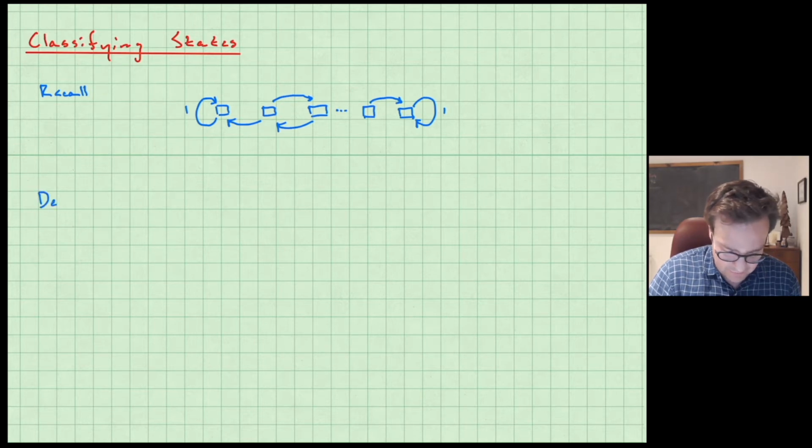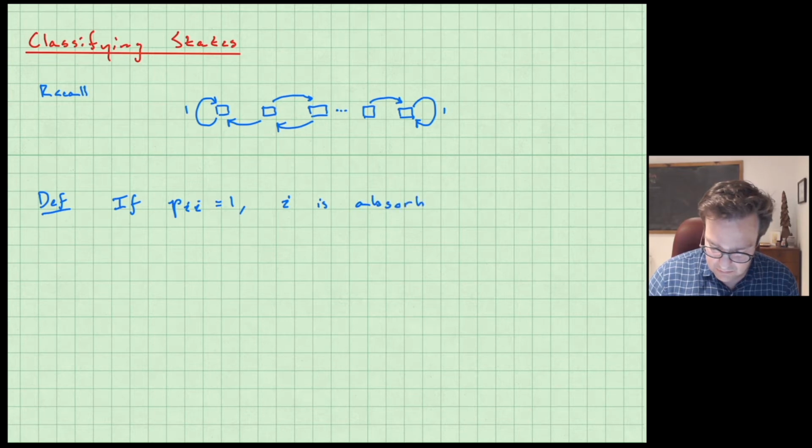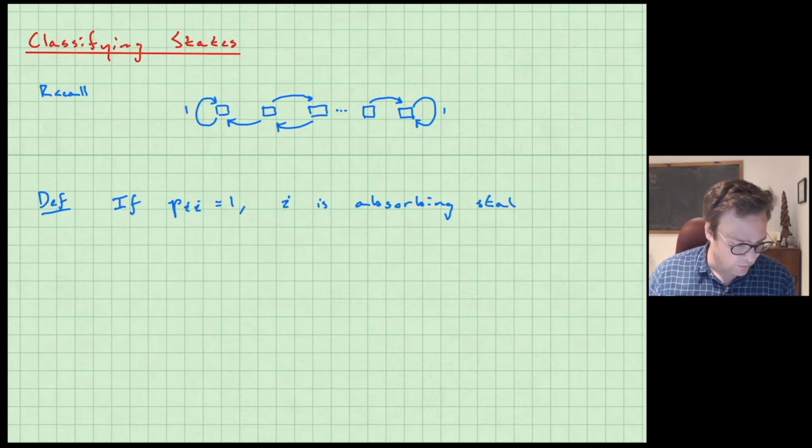We'll say that if Pii, which is the probability to go from a state right back to itself, is equal to 1, which is the case for both of those two ending ones, then we call it an absorbing state. That's the term we're going to use for that. In other words, there's no way out.